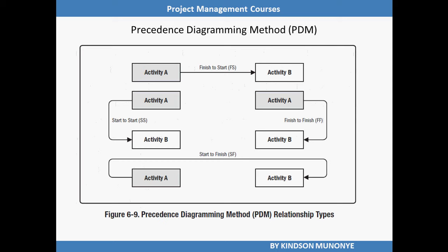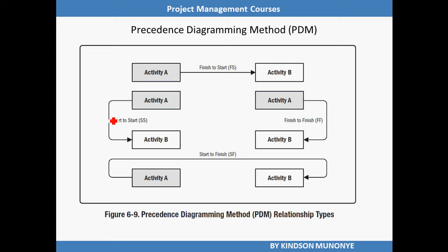Now look at activity A and B. The first one shows finish to start, an arrow pointing from activity A to activity B. Okay, and then we have the second one, start to start. It means that activity A must be started before activity B can start.